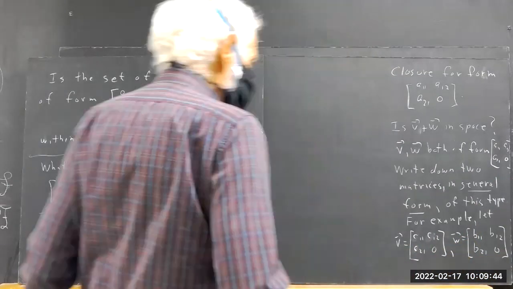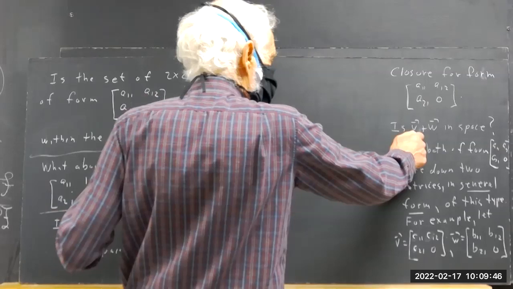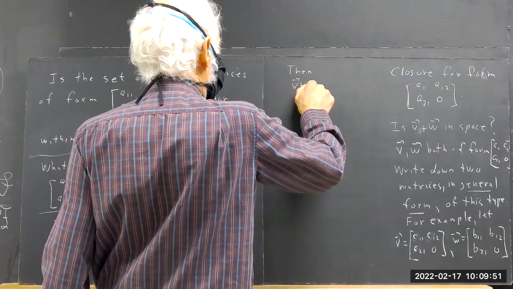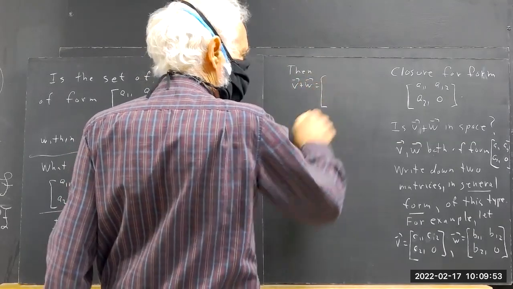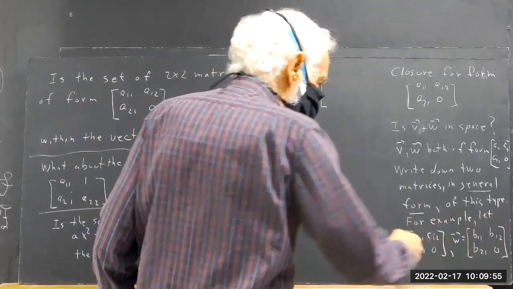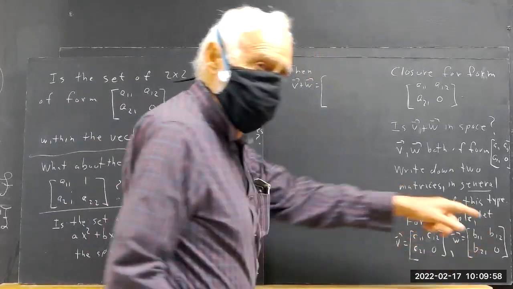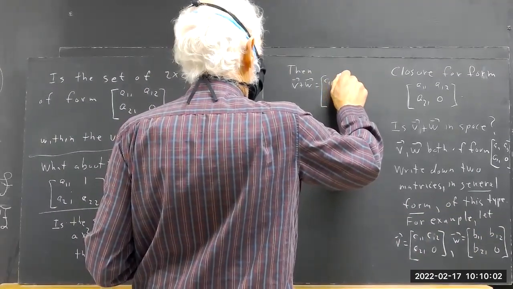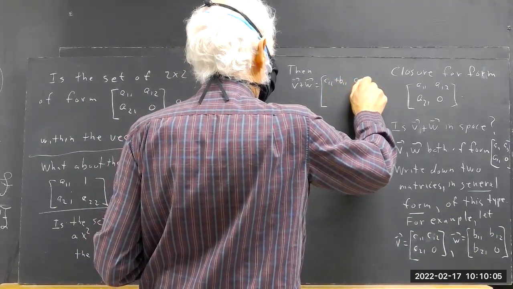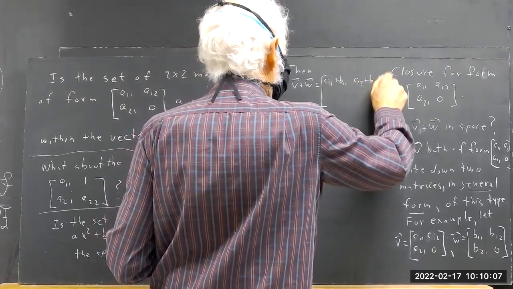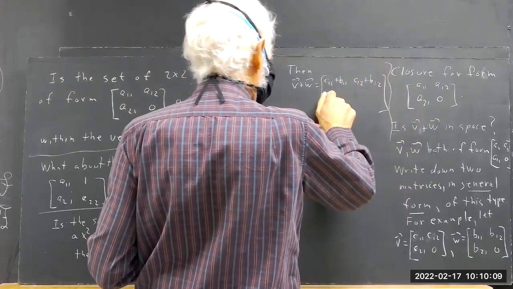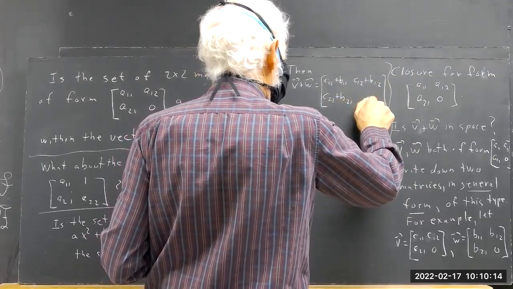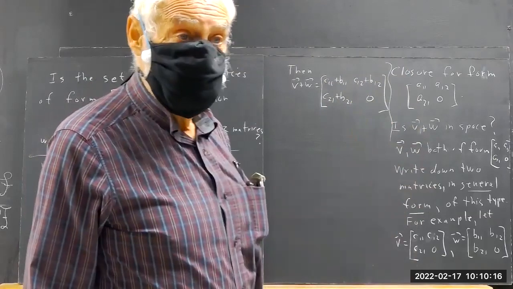Then all we have to do is look at what V plus W is. I don't have to write out V and W. You know what we get when we add these. You're going to have C11 plus D11, C12 plus D12, C21 plus D21, and you still have 0.